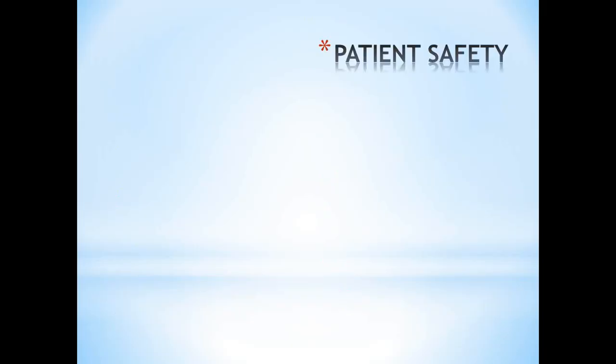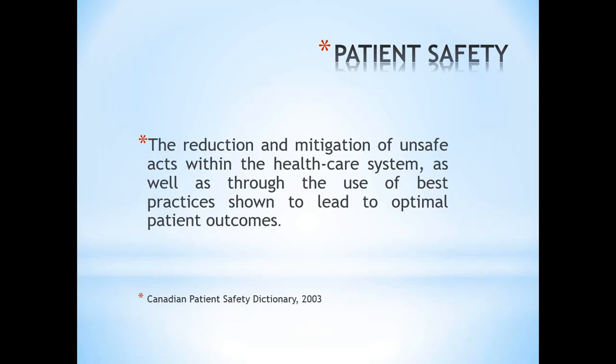Now come towards patient safety. By achieving the objective of safe use of medicine, we ultimately have a goal of patient safety. So, what is patient safety according to the Canadian Patient Safety Dictionary in 2003? It described patient safety as the reduction and mitigation of unsafe acts within the healthcare system as well as through the use of best practices shown to lead to optimal patient outcomes.